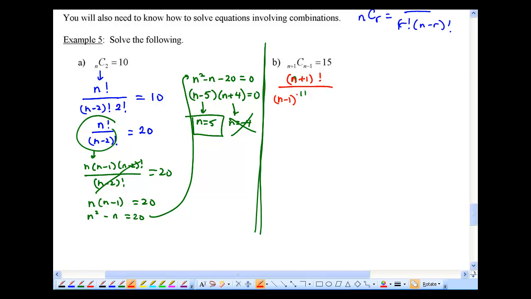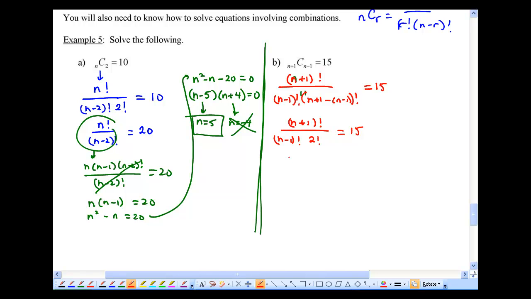r factorial times n minus r factorial. I think that simplifies to 2 factorial.